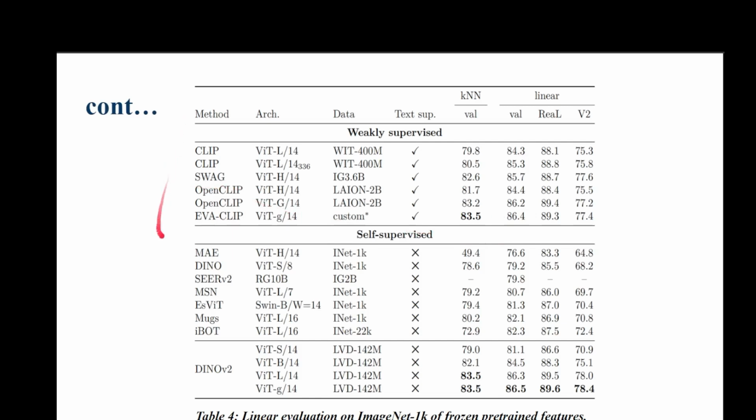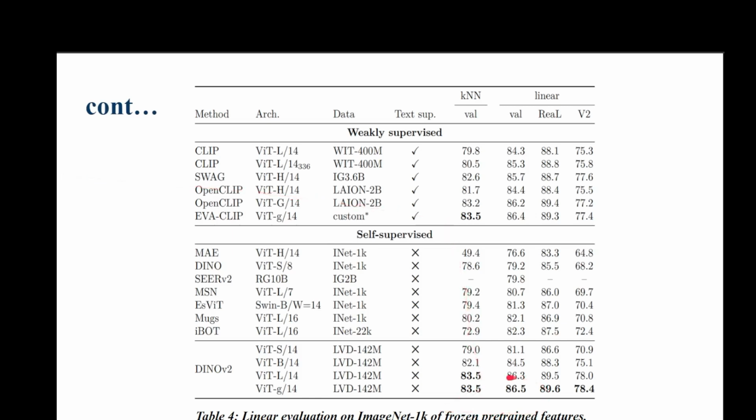In the top table you can see the weakly supervised models such as Clip, Swag, OpenClip, and EvaClip, and the architectures used are ViT-L, H, and G. The data that have been used to train these models are also listed here, and there are two strategies to evaluate the models. One, it was evaluated using KNN, and also it was evaluated using linear classification.